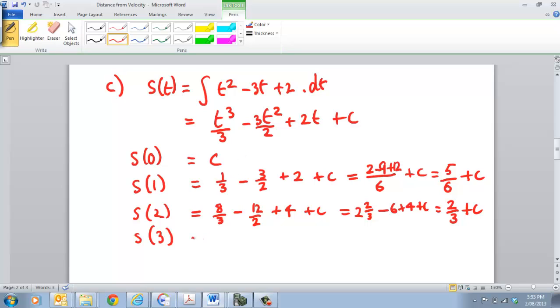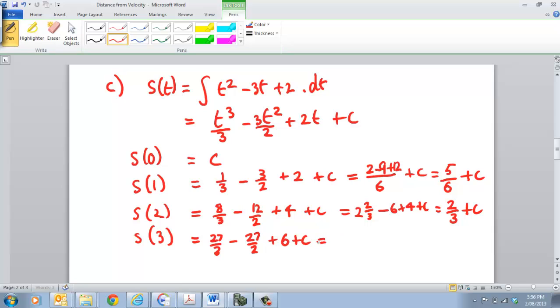And then the next term over here, we're going to put the 3 in there. So that becomes 27 on 3, 3 cubed, take 27 on 2 plus 6 plus c.